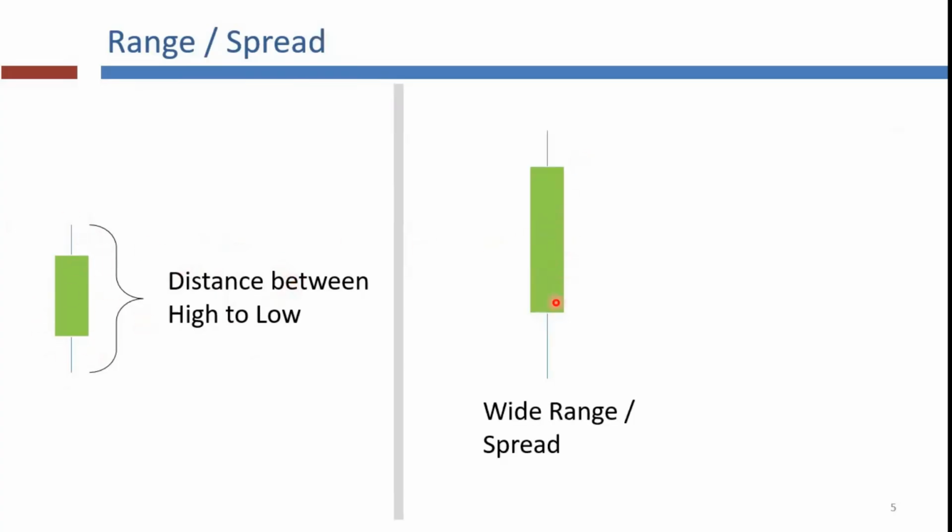So if I plot this candle, this would become a wide range candle when I compare it with this candle. In the same manner, if I plot this candle, this will become a narrow range or narrow spread candle when I compare it with this candle. So let us try and identify whether there is harmony in effort and result or contradiction in effort and result.